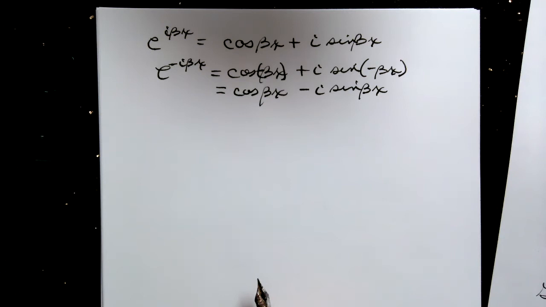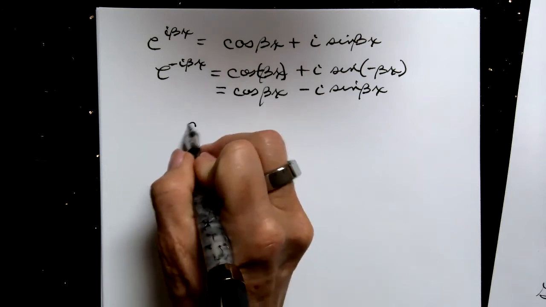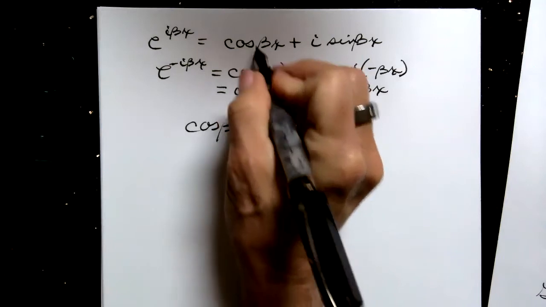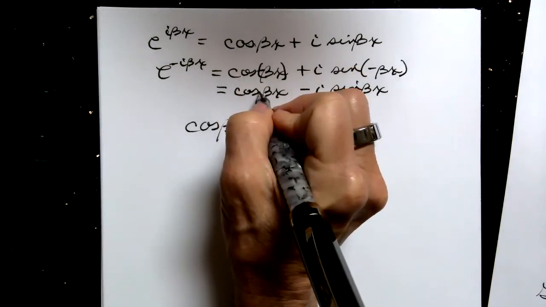Notice that by playing around with things, you can write cosine beta x by adding these two equations and then dividing by 2.